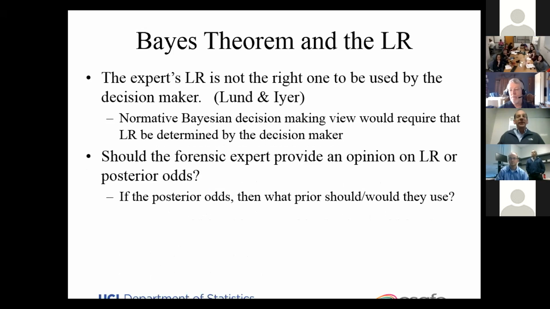One point is from the Lund and Iyer paper, and it is the notion that the expert, in providing a likelihood ratio, is kind of throwing some information into what a normative Bayesian decision-making paradigm might suggest is the purview of the trier of fact. So the jury, say, is entitled to their prior opinion to form their own impression of the evidence and posterior.